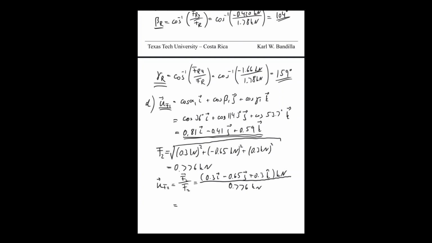We'll just divide those out by decimal points. So we get 0.39 I minus 0.84 J plus 0.39 K. We don't need the bracket there because it's our unit vector and we don't have a unit.